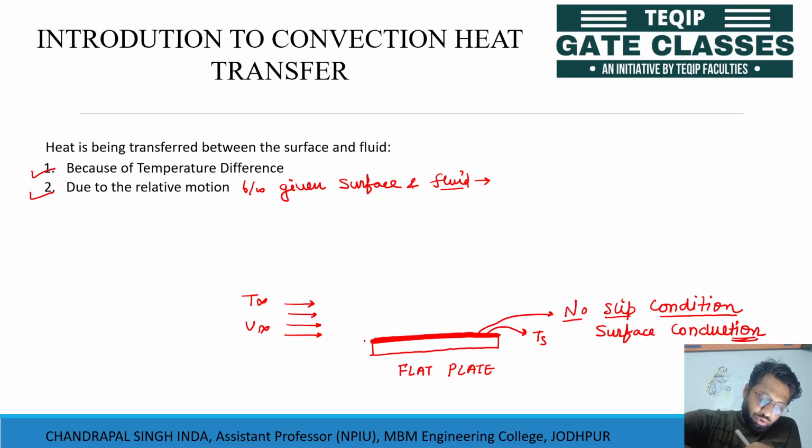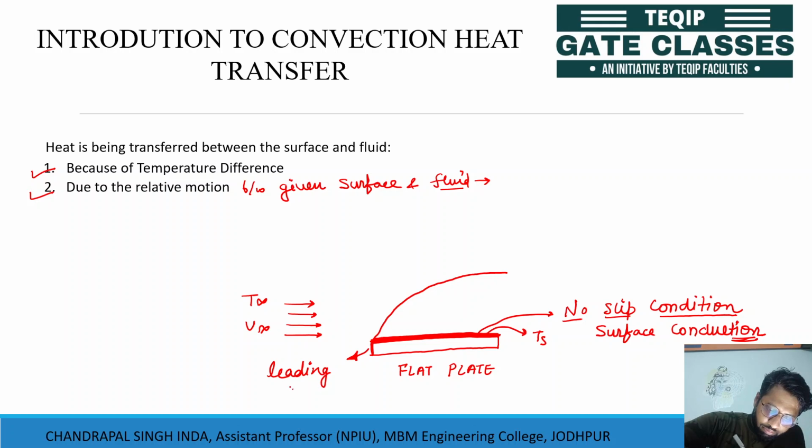Secondly, as the fluid moves towards the flat plate, a hydrodynamic boundary layer develops. This is where the fluid strikes, known as the leading edge, and from the leading edge the hydrodynamic boundary layer develops.